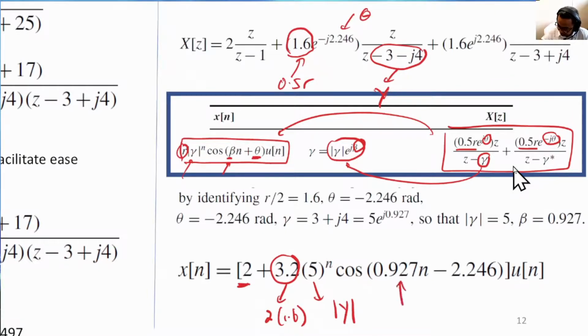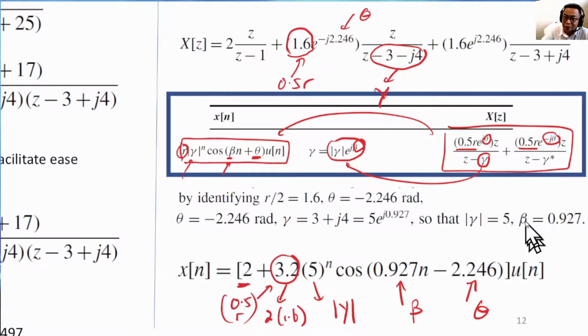This is the beta of the gamma. This is theta, and this is one more. This was r. This was 0.5 r. So you go and substitute these 4 variables, and you will get these equations for the cosine.